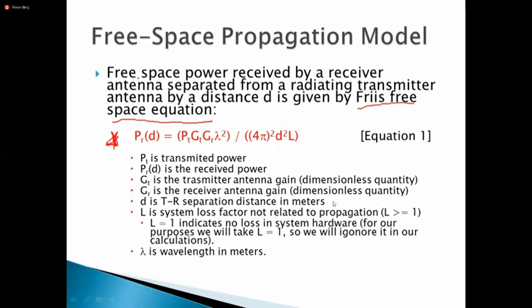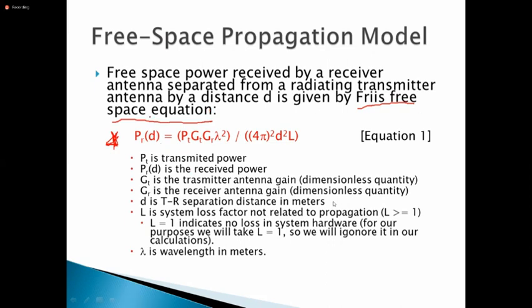PT, now here let's read this. Free space power received by a receiver antenna separated from a radiating transmit antenna. හරිද? එතකොට receiver antenna එක transmitter antenna එකත් එක්ක d කියන distance එකකින් separate වෙලා තියෙනවා නම්, the received power is given by the free space equation.